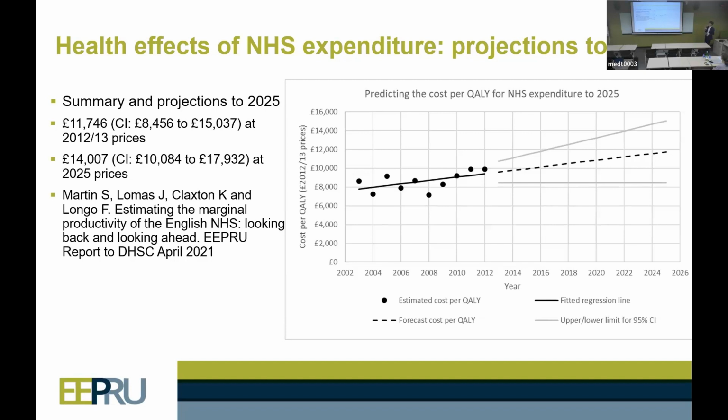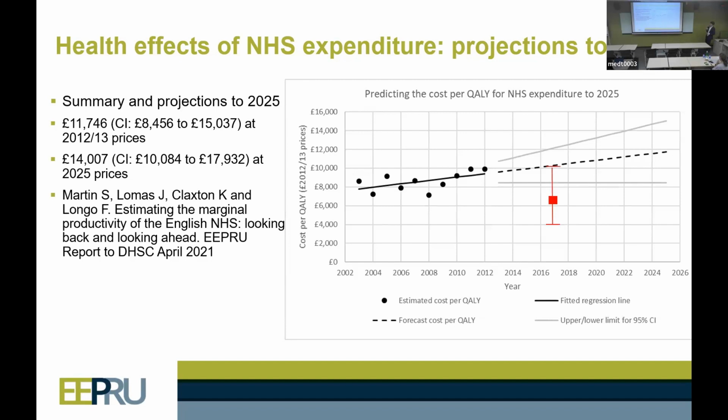So what we did was to do something quite crude, but just to say, well, if this trend continues, you can see that, roughly speaking, in 2012 prices, we would expect the cost per quality to be about £12,000. But at 2025 prices, taking account of inflation, we would expect that cost per quality to be about £14,000. Again, still below £15,000, and this was therefore quite supportive of the Department of Health's policy of using £15,000 as an estimate of health opportunity costs.